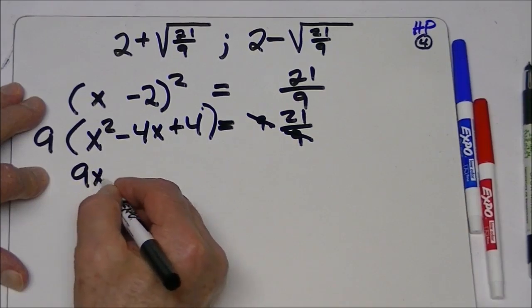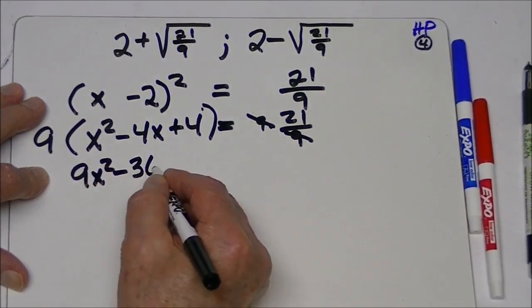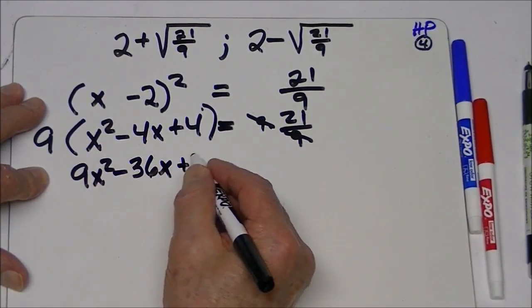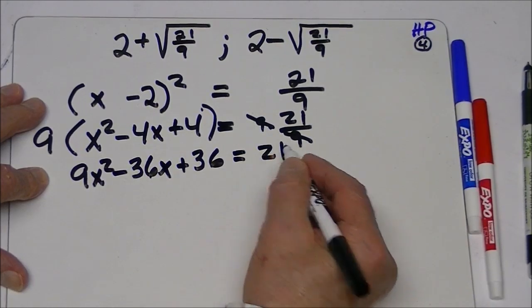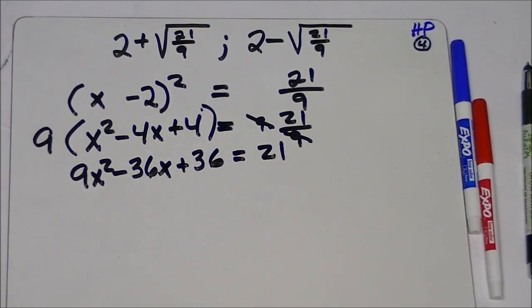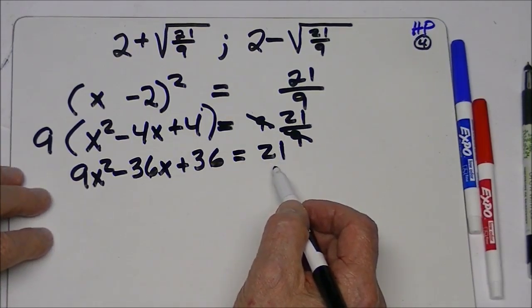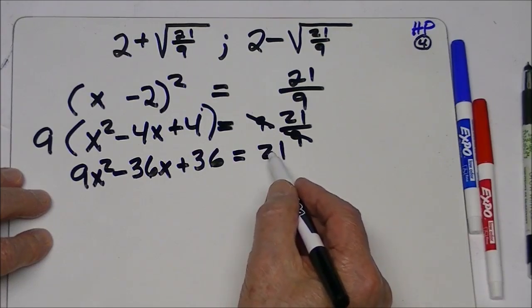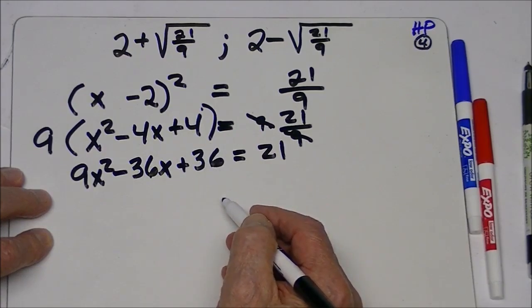We get 9x squared minus 36x plus 36 equals 21. So now we're going to integrate this 21 by transposing it to the other side.